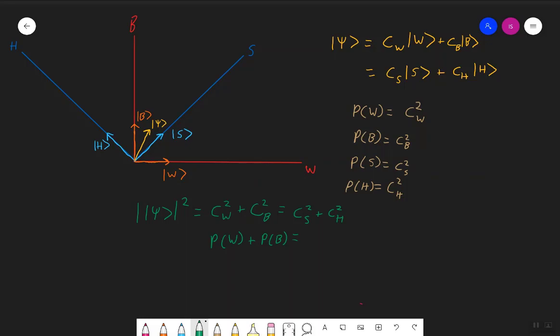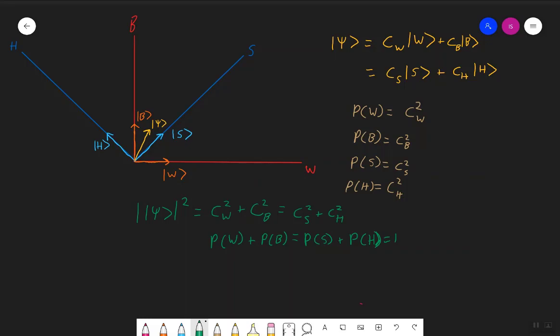So the probability upon measurement is going to be 1 when we add the two up, because it's one or the other once we measure it. And this has to be equal to the probability of it being soft plus the probability of it being hard. In particular, these probabilities have to add up to be 1.